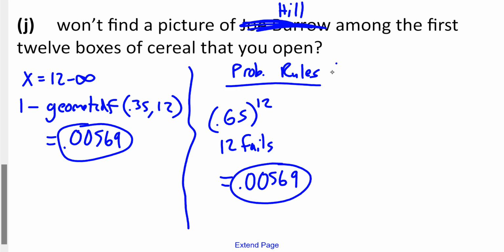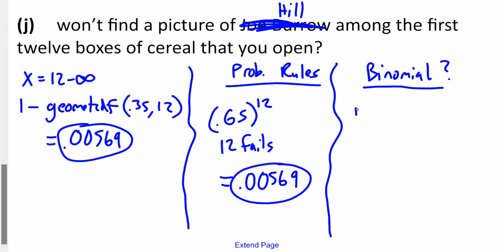We can use probability rules with these because it's a very similar situation. We could also say it's binomial because it's either Tyreek Hill or not. We would have n is 12, X is 0, with 0 successes in the first 12. The probability was 0.35, and q would be 0.65.